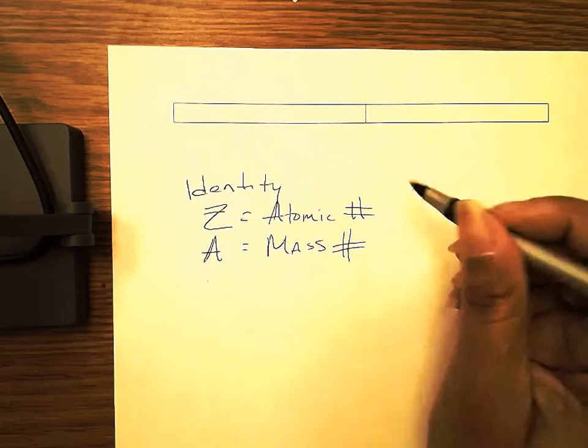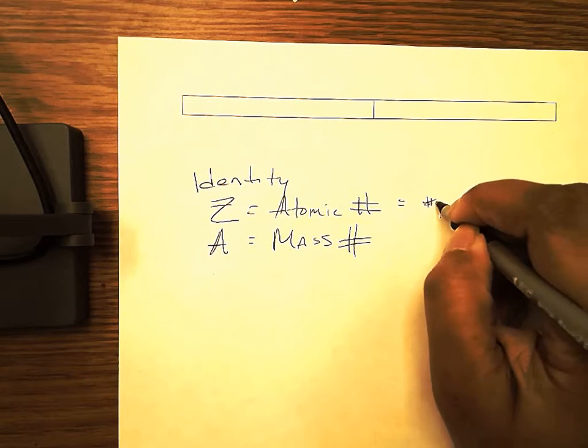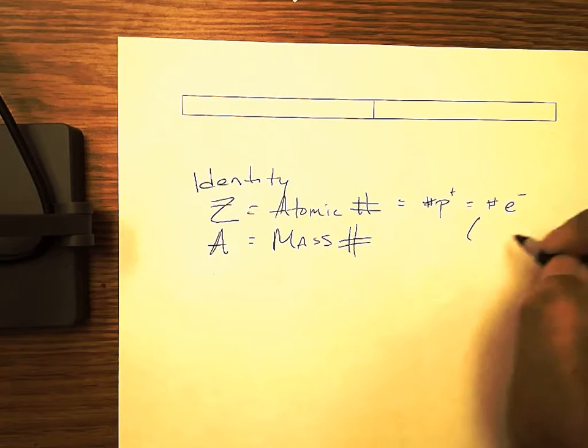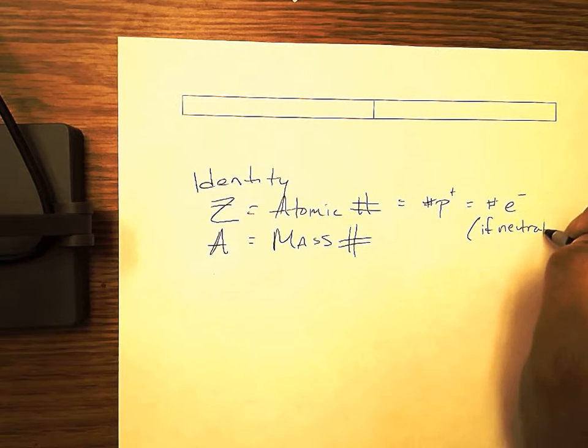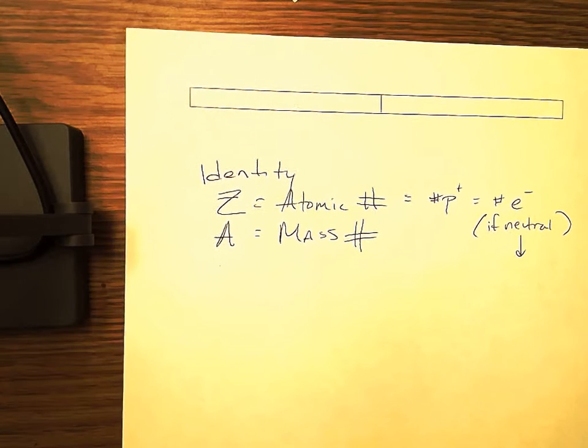What information do we get from the atomic number? Number of protons, and you also get number of electrons, assuming the atom is neutral. What does it mean to be neutral? There's several ways to explain being neutral.